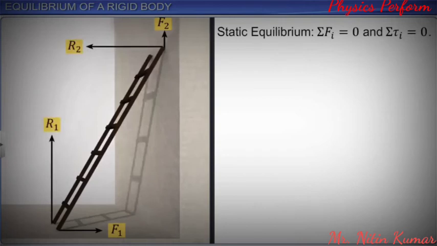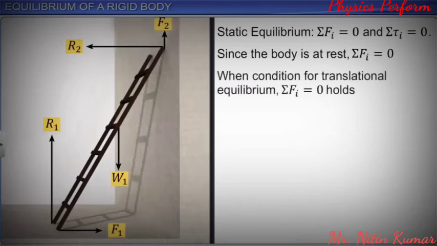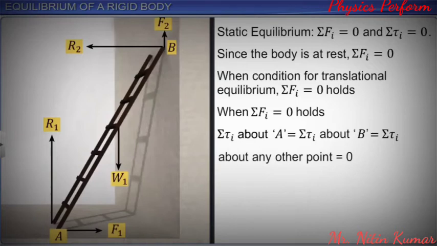And W1 is the weight of the body. As the ladder is in static equilibrium, the vector addition of all these forces must be equal to 0. As the condition for translational equilibrium holds good in this case, we can calculate the torques about point A or about point B or about any other point to compute sigma tau i and to equate it to 0.